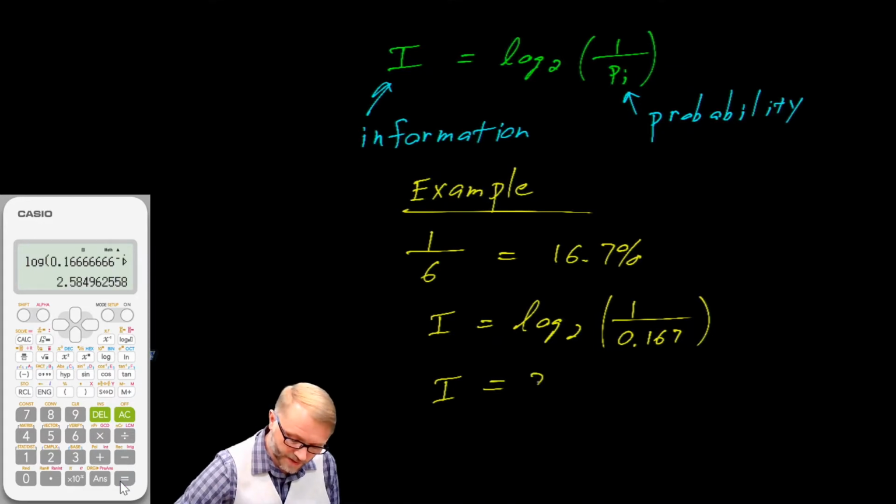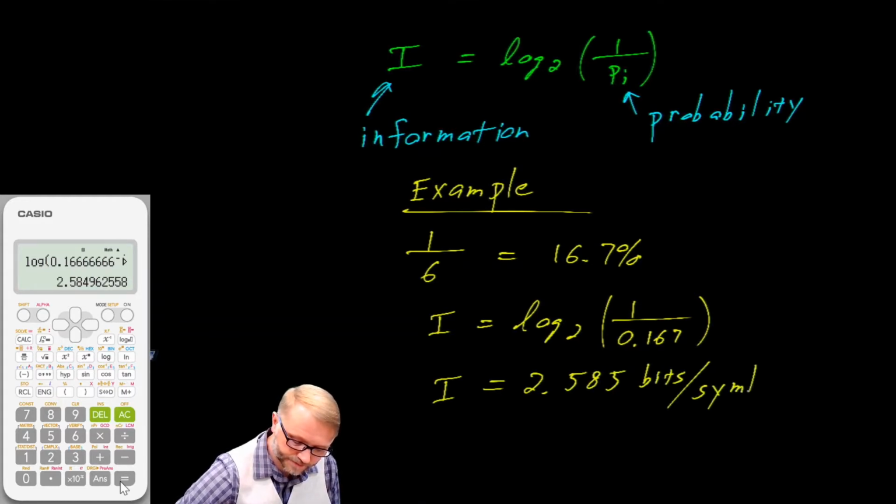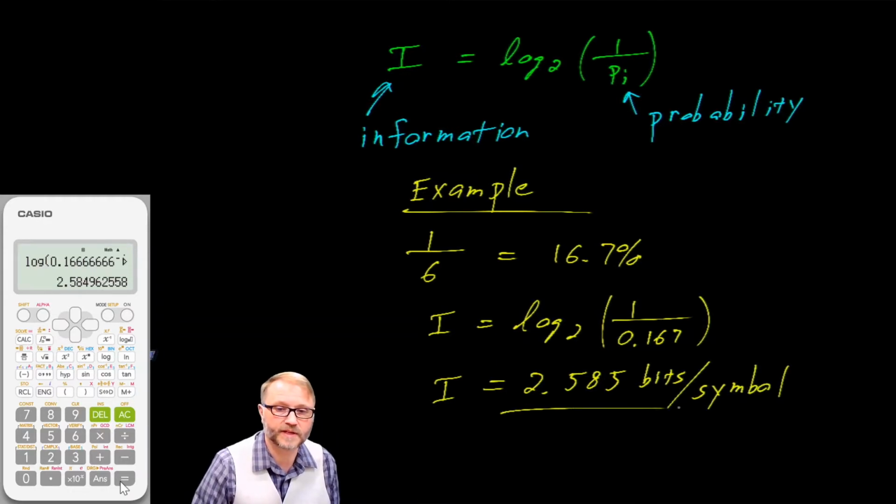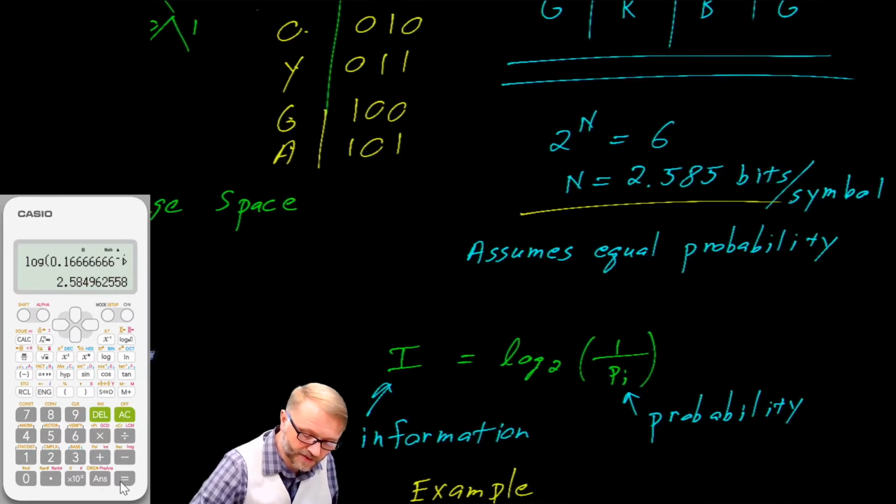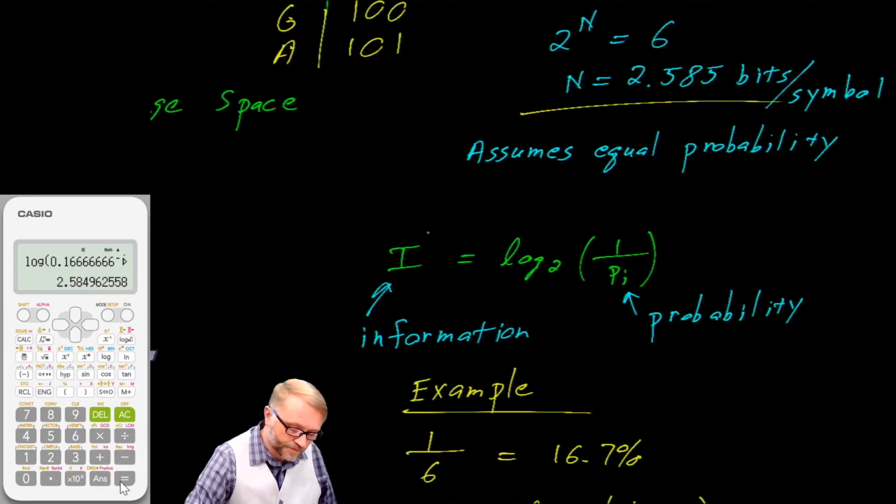And there we are. So that's 2.585 bits per symbol. Okay, so on average, we would have to ask 2.585 questions. And you'll notice that this here is the same as our calculation here. Be sure to add that to your note card.